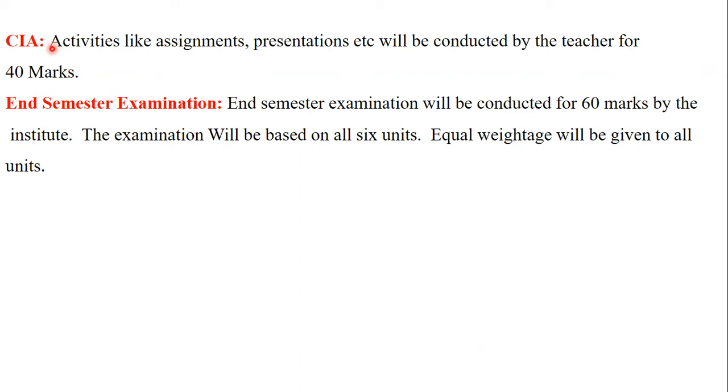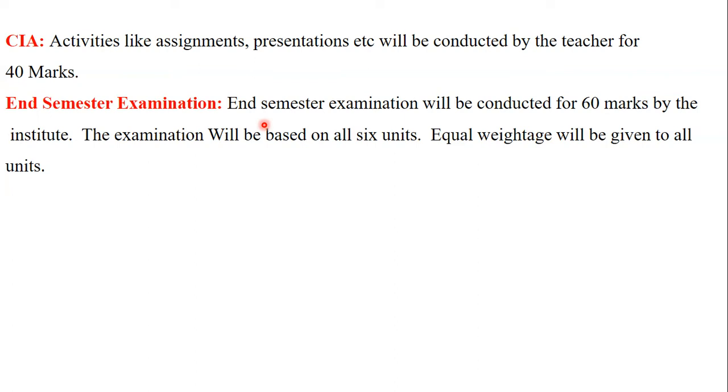Under CIA, you are aware that the teacher will be giving some activities like assignments, presentations, etc. for 40 marks. The end semester examination will be conducted by the institute for 60 marks, and it will be based on all 6 units, with equal weightage given to all units.